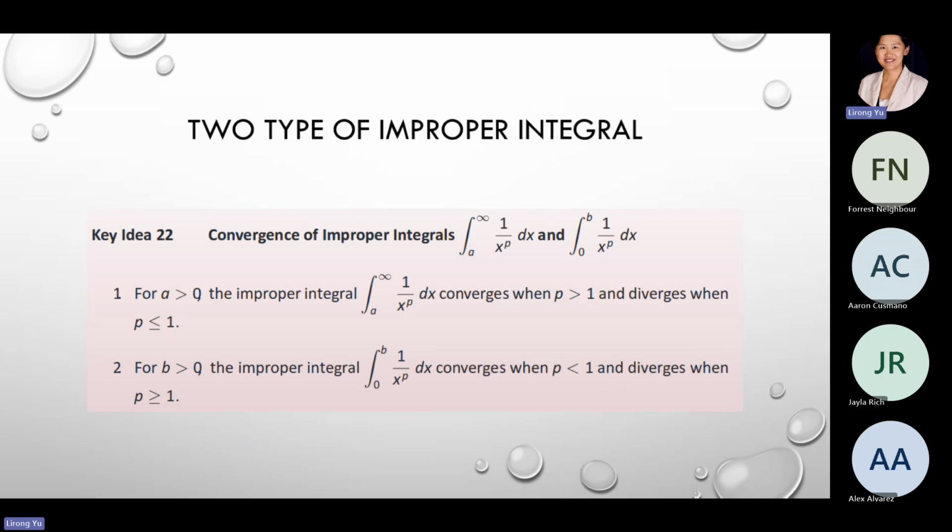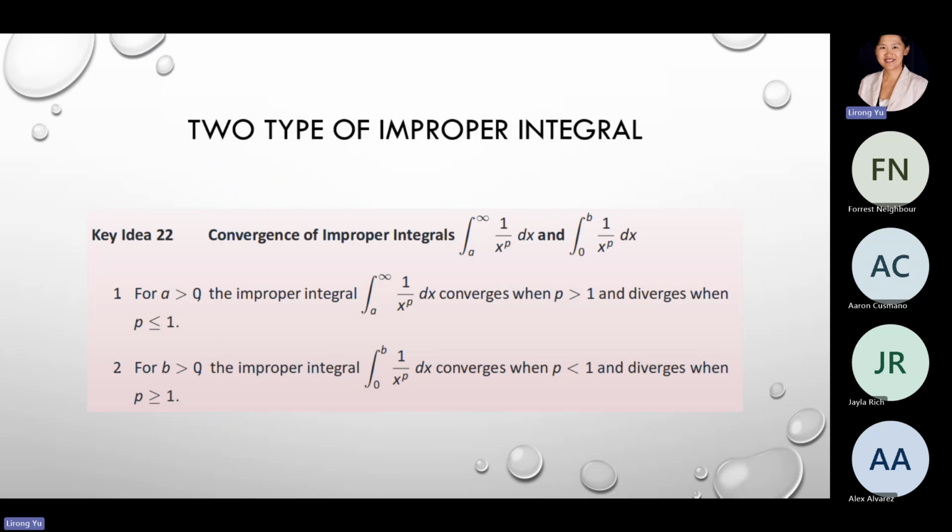Because when the number is smaller, a higher power causes the denominator to be even smaller, and 1 over a small number becomes infinity. So we want the power to be smaller, just so the denominator will not get too big, and the whole fraction will not get too big. Here, a big denominator is good, because the denominator actually goes to infinity.